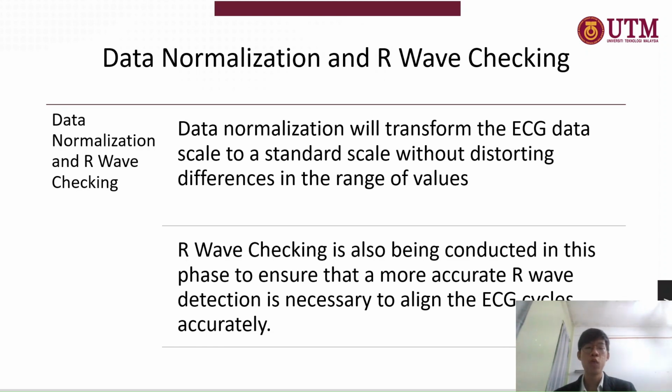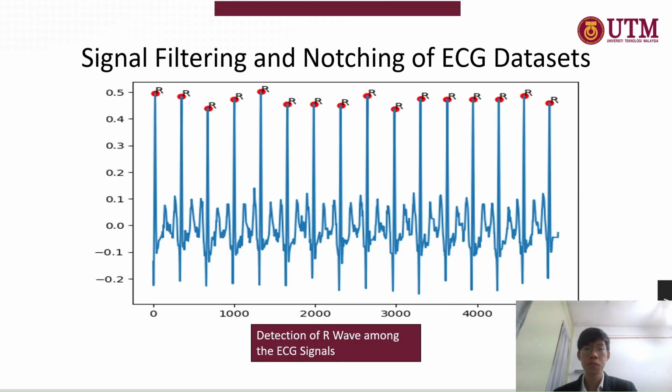After the data normalization, the R-wave checking will also be conducted in this phase to ensure that accurate R-wave detection will be executed by the algorithm in the future, and at the same time align accurately with the current ECG cycles.